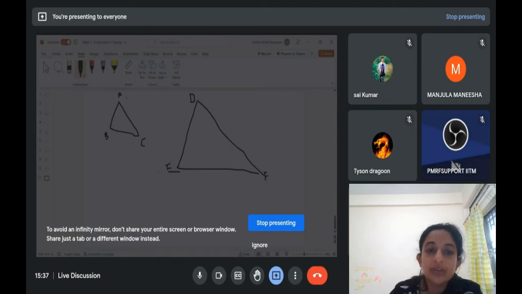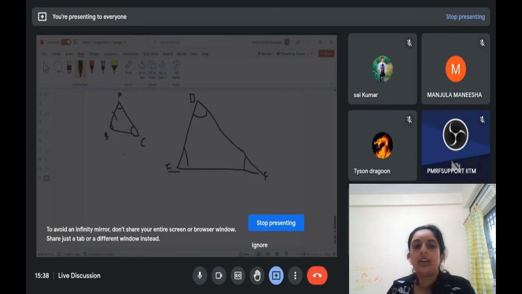Please excuse me for the figures, but just understand that angle BAC is equal to angle EDF, angle ABC is equal to angle DEF, and angle ACB is equal to angle DFE. So, what does this tell us?